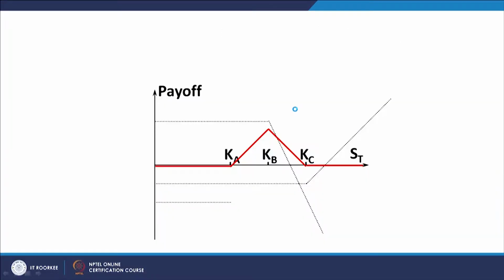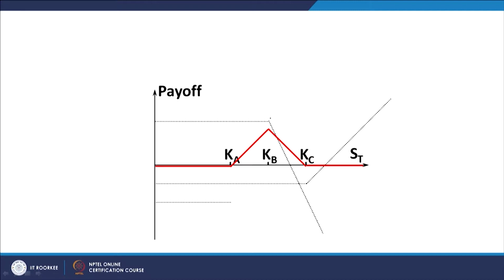This is the diagram of the payoffs. Between 0 and Ka there is no payoff, because no options are exercised. Please note, this is payoff, this is not profit. Between Ka and Kb, option A is exercised, we are long in the option, so we have a profit.